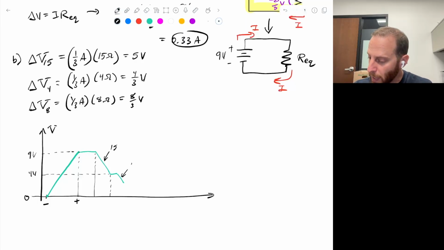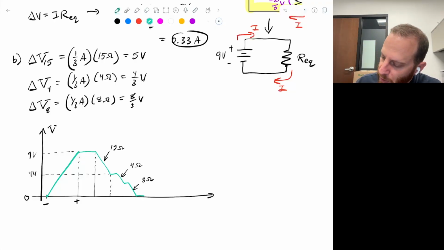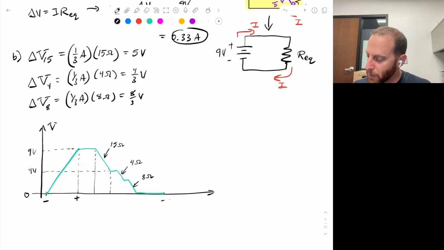That occurs at the 4 ohm resistor. There will be a small region in which the potential is constant, and then the potential will come all the way back down to 0, and that occurs through the 8 ohm resistor. I didn't draw these exactly perfect, but hopefully you get the idea. The potential is then constant until you get back to where you started, at the negative terminal of the battery, at which point it starts to go up again. And so the graph would look something like this.